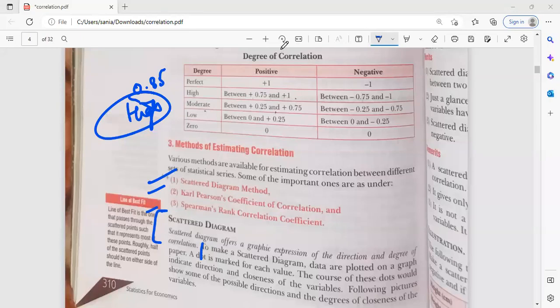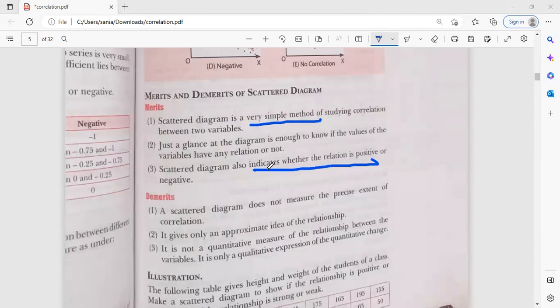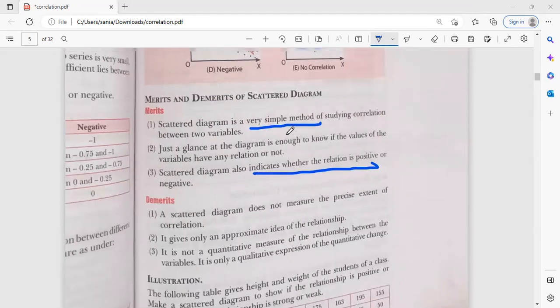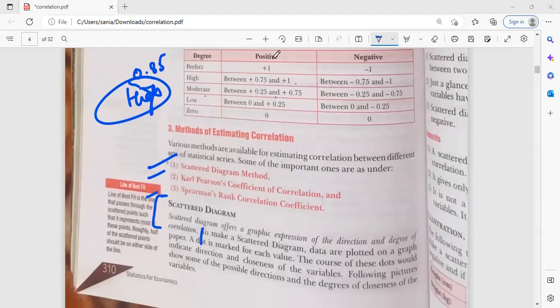So I'm not asking you to learn it by heart, but in case they ask, you should at least have a few points to write down. Usually there's about a 70% chance they won't ask, but the remaining 20 to 30% they can, because in CBSE it's not mentioned that they cannot ask you merits and demerits. So we can't take any chance.